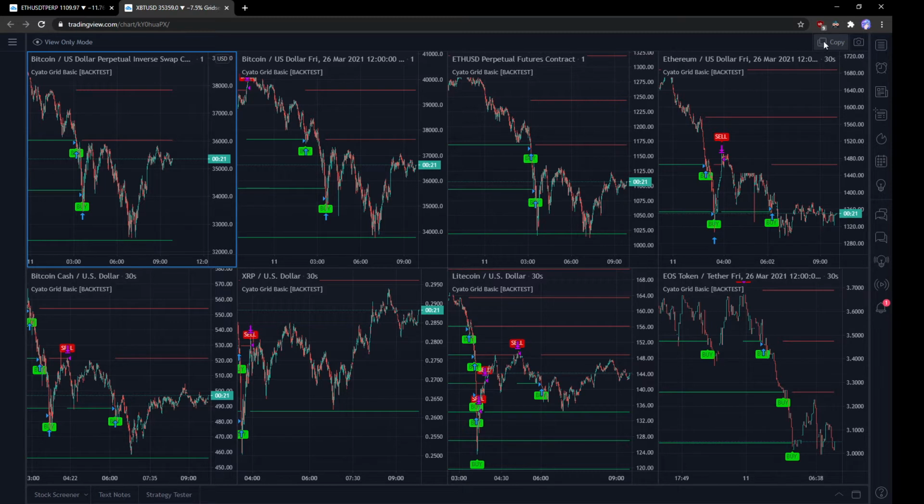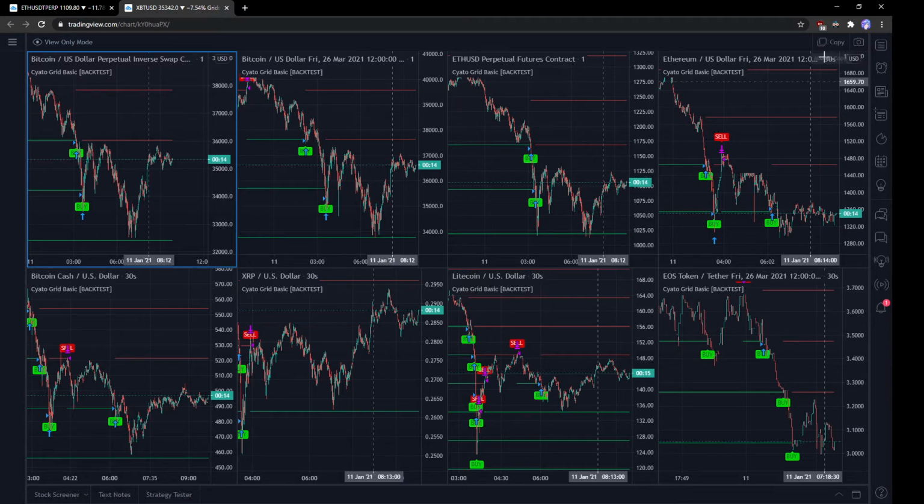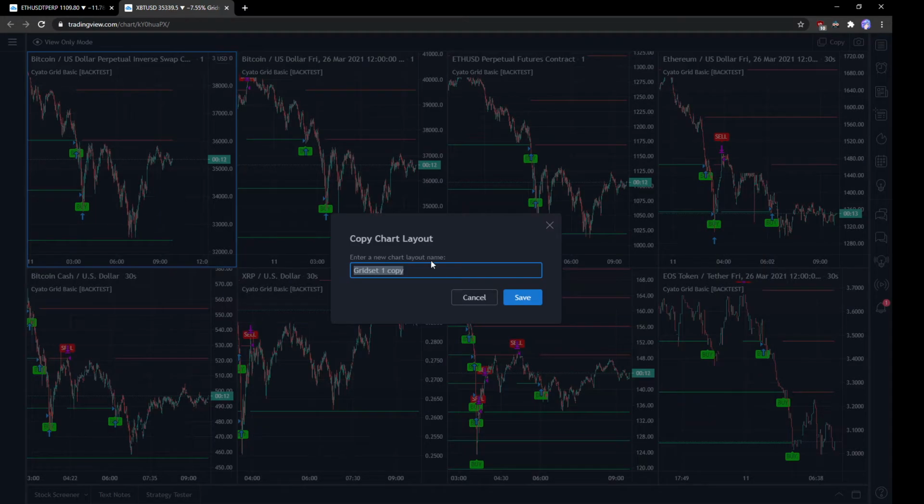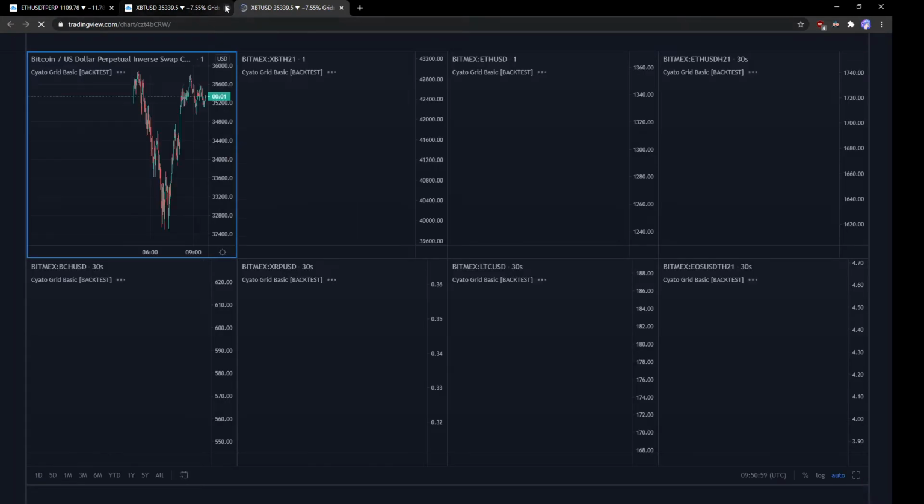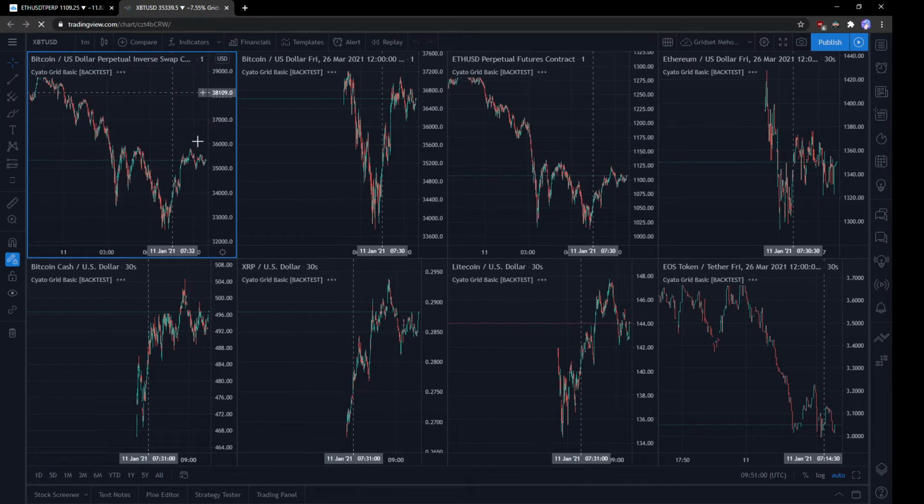So this is the copy button I was talking about. When you click on a shared chart, you can click here, and you can edit the indicator once you have that, as you can see.